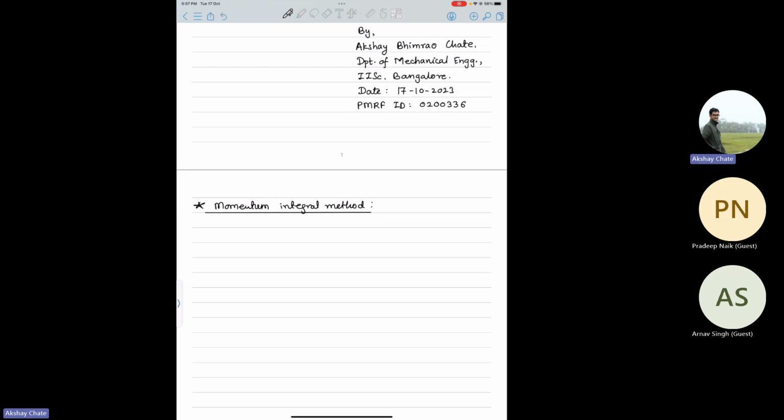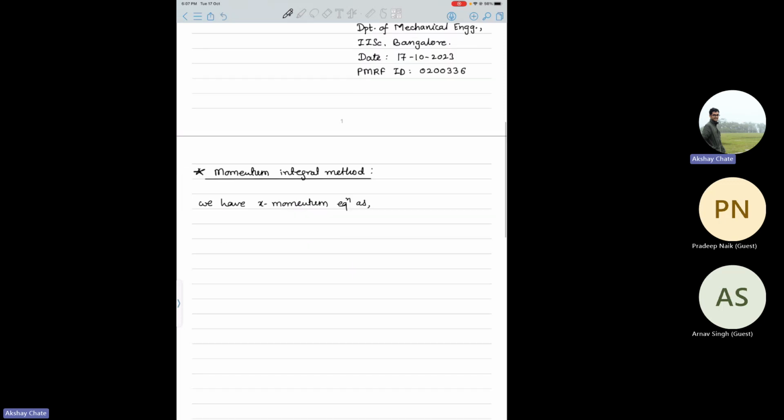From the previous class, you may remember that under some assumptions such as incompressible, 2D, steady, fully developed flow over a flat plate, we have the x momentum equation. I'm not writing all the assumptions because we are continuing from the last class.